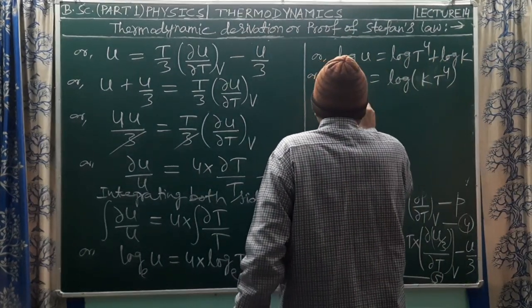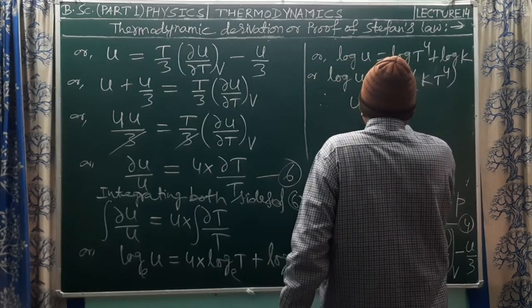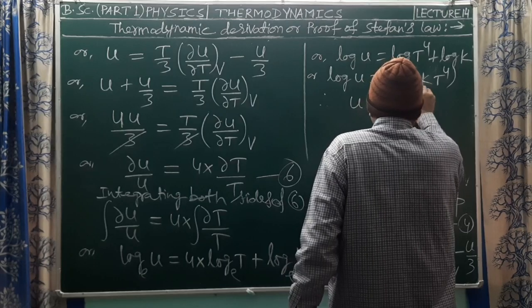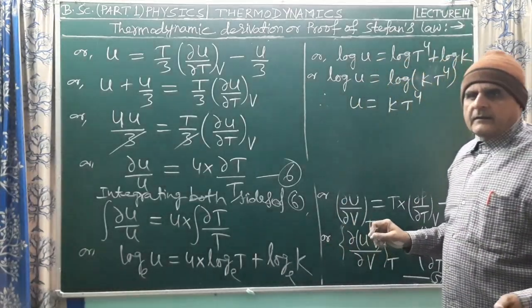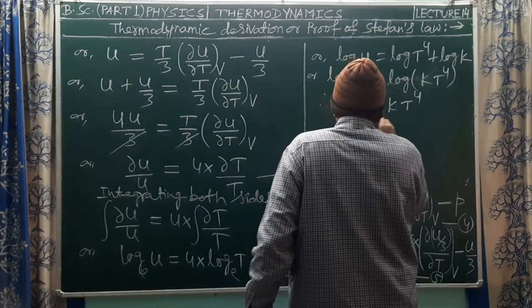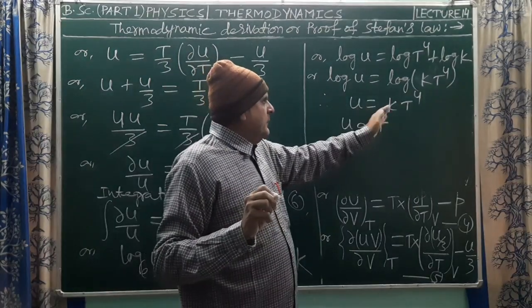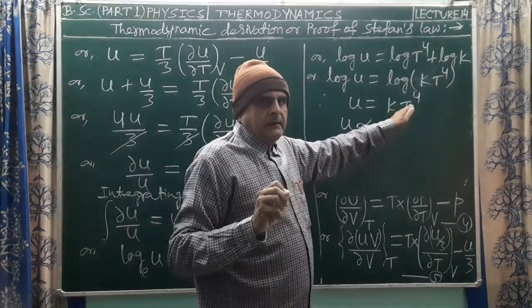Therefore we can write u, energy density of radiation, black body radiation small u equals to k into t to the power 4. That is we get the relation u varies as t to the power 4, energy density of black body radiation is equal to constant k times t to the power 4.